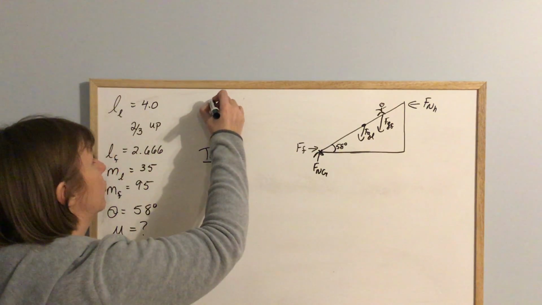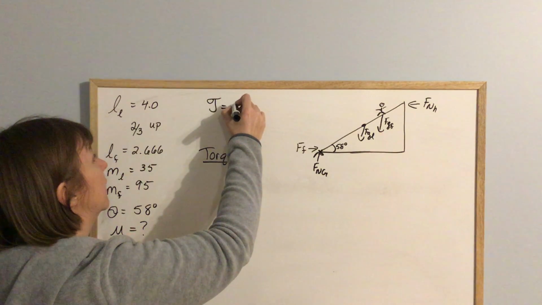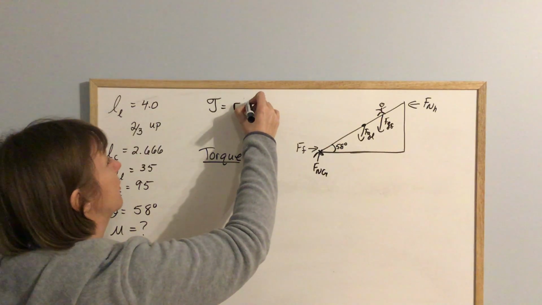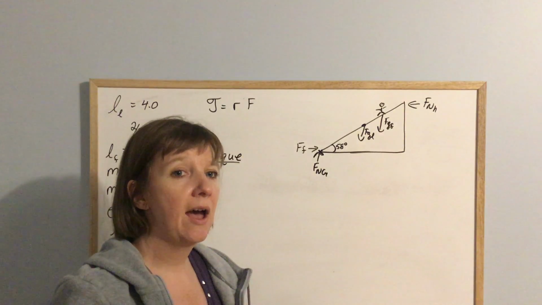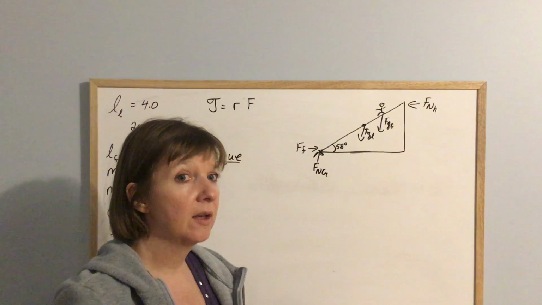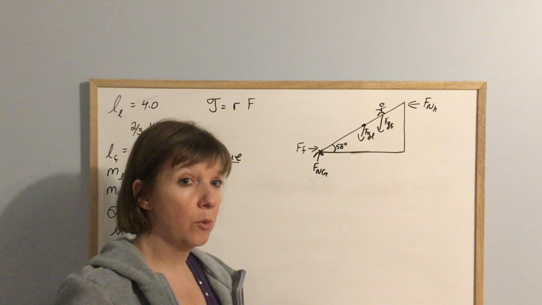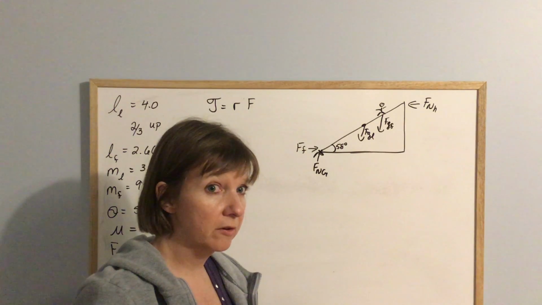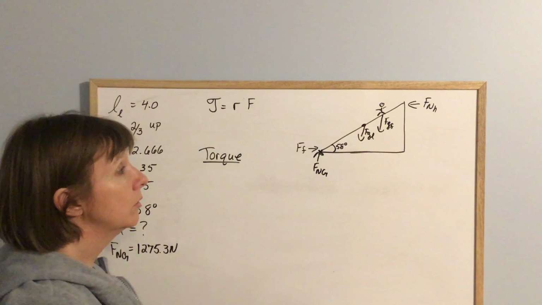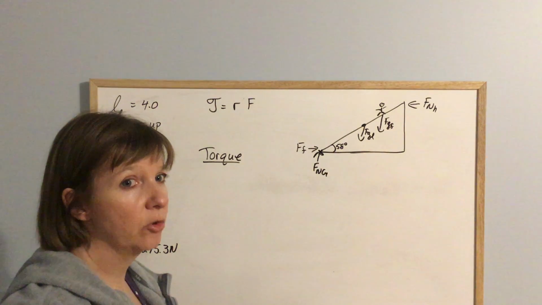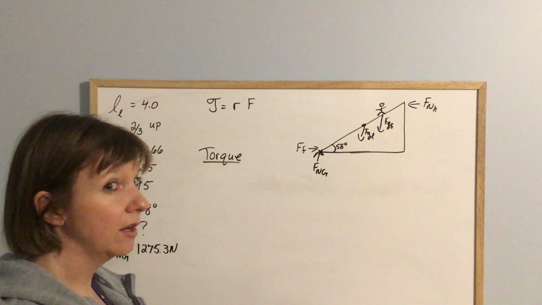Now remember that torque is lever arm distance times the force. So lever arm distance is how far away the force is from the pivot point. That's what it wants to know. So we don't look separately at torque from horizontal and vertical forces.